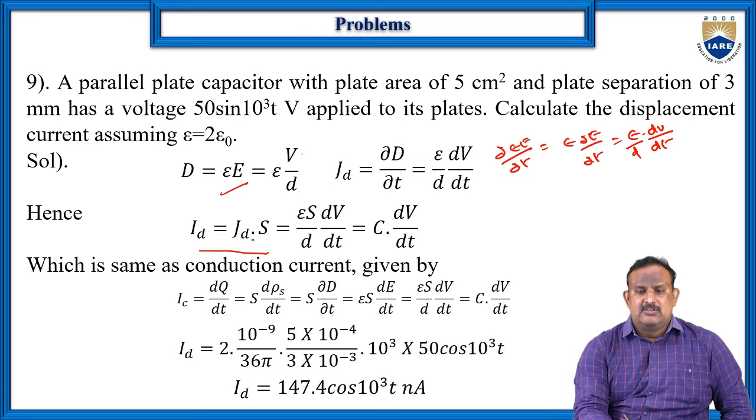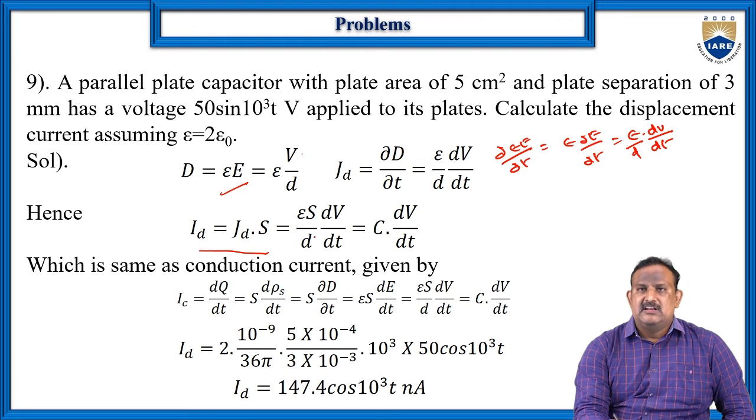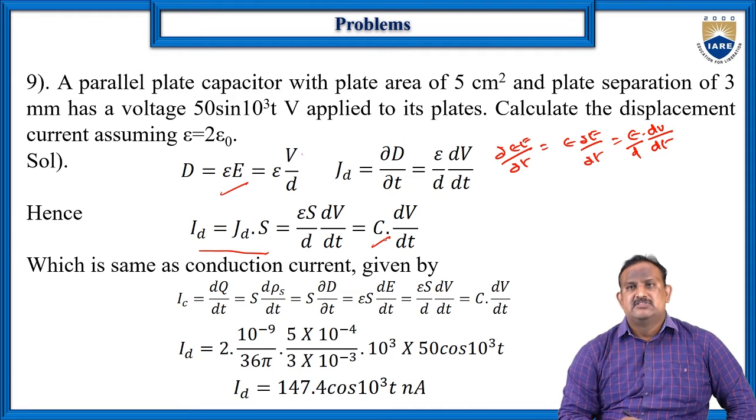Therefore, the current is equal to current density into surface area. We already know that J_D is equal to epsilon by d into dV by dt. Therefore, we have epsilon S by d into dV by dt. But we know that epsilon S by d is equal to the capacitance value C. Therefore, the current I is equal to C into dV by dt.